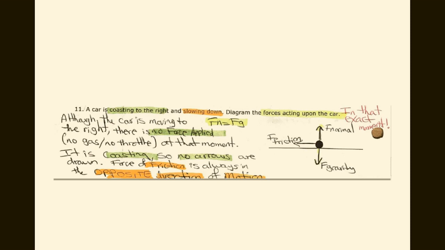So had the problem said a car is coasting, didn't mention a direction, you still would assume to the right. If no direction is mentioned, assume to the right, make life easy on yourself so that motion is to the right, those values would be positive, and friction as a result would be negative, because you want friction to always count against it when we start doing mathematical problems.